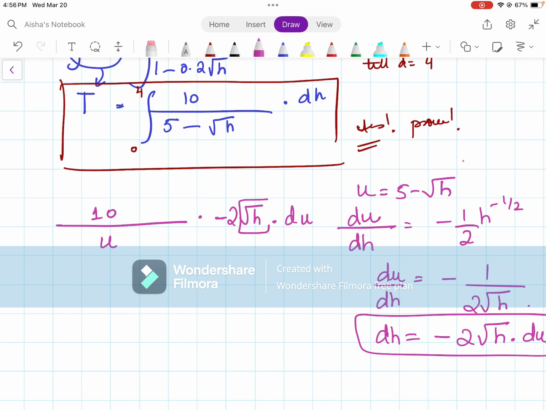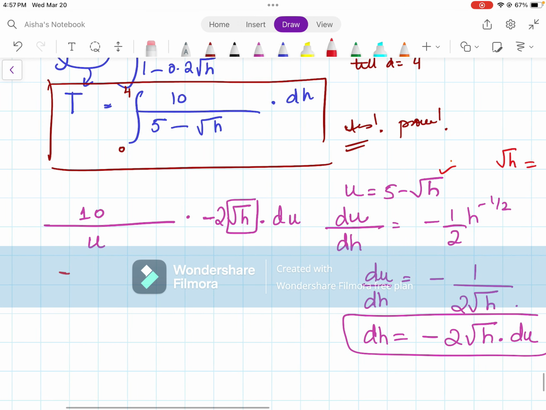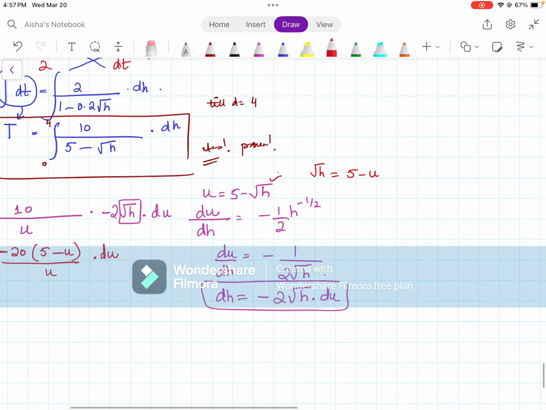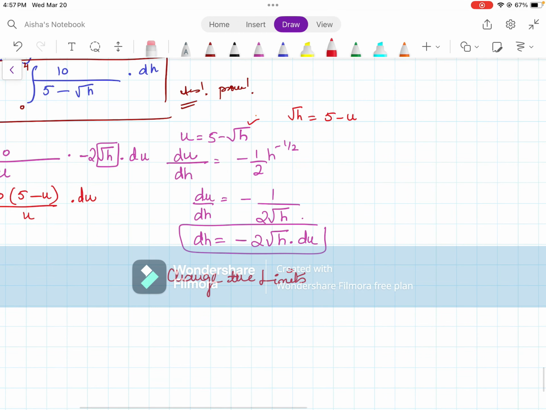Now in place of root h, once again you have to make the replacement, by making root h the subject from here. So this is what I have to integrate. Change the limits now. The value of u when h is 4, and when h is 0.